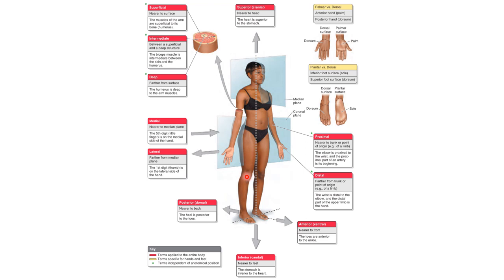So, the knee is proximal while the feet is distal. Okay? Another example, the hand and the elbow. The hand is distal while the elbow is proximal relative to the shoulder. Okay? Kung yung point of reference mo ay ang shoulder, then the elbow is proximal and the hand is distal.